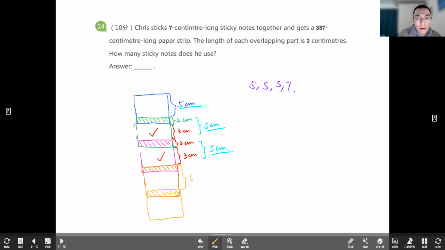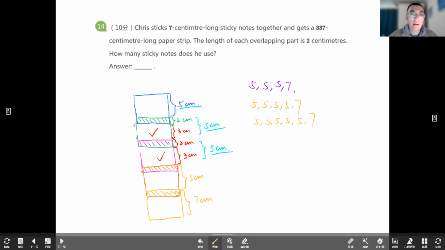This part here will be 5 cm, and this will be 7. So you see, for 5 sticky notes, we will have 5, 5, 5, 5, 7. And as for 6 sticky notes, I'm sure by now you have already found the pattern. For 6 sticky notes, it will be 5, 5, 5, 5, 5, 7. So only the last term will be a 7.